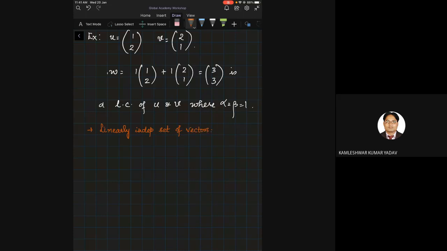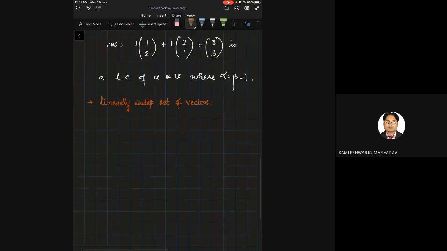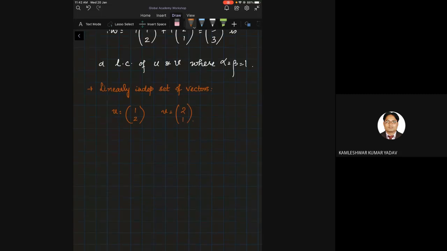Suppose we take vector u, which is (1, 2), and vector v, which is (2, 1). The question is, how do we get the zero vector, (0, 0), as a linear combination of u and v?